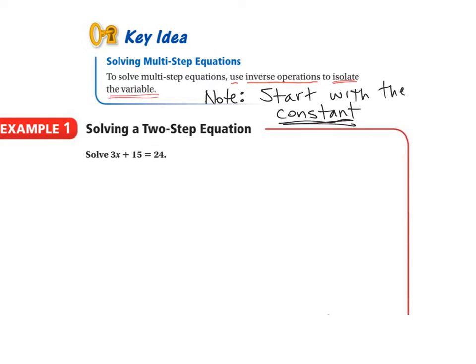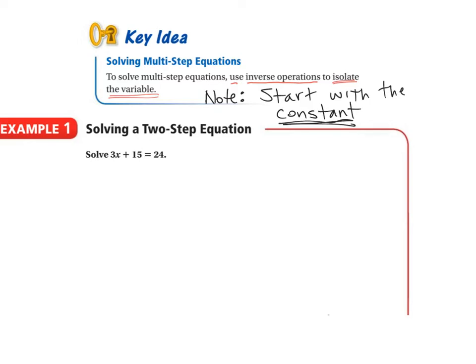The inverse of plus is minus, the inverse of minus is plus, the inverse of multiplication is division, the inverse of division is multiplication. So we're going to use the inverse operations in order to isolate the variable. Isolate means get it by itself. So let's do that here. This is just a multi-step equation.